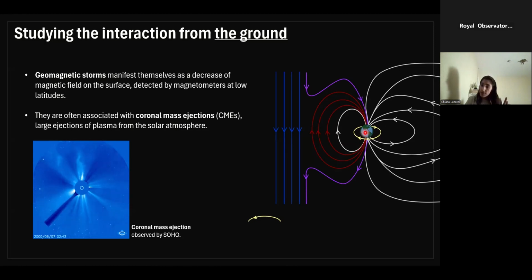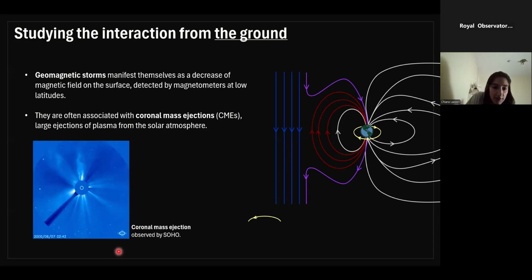These are not as common as substorms, and they are often associated with something you might have heard about before, which is coronal mass ejections, or CMEs. CMEs are these large ejections of plasma from the solar corona, which is the solar atmosphere, and they're usually associated with long periods of southward IMF.